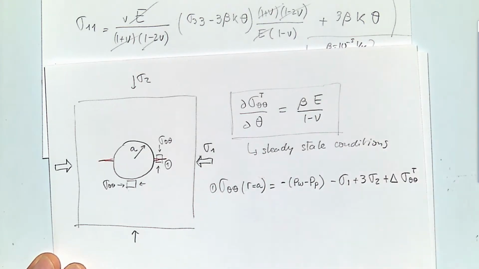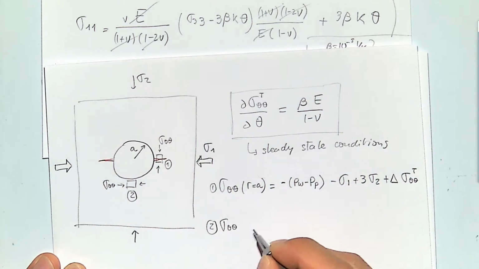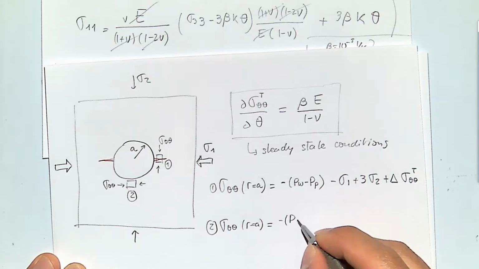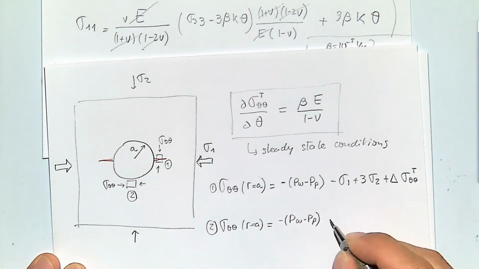So this one over there. And at location 2, where you have more compression, you still have the same change, but it's not going to be that important at that point.